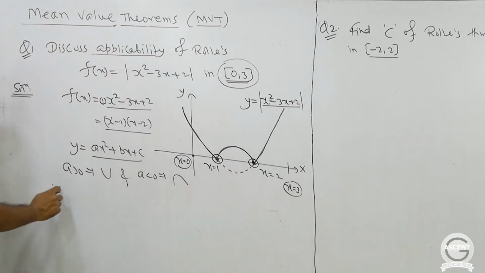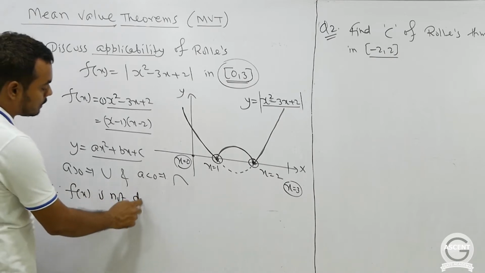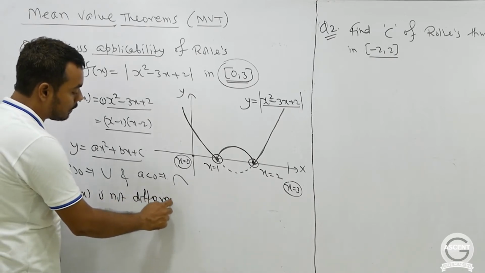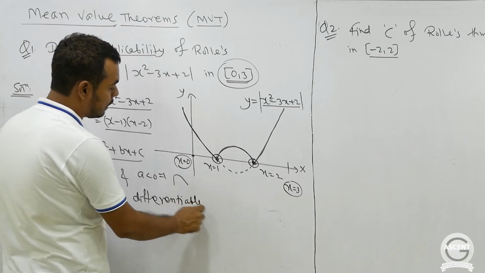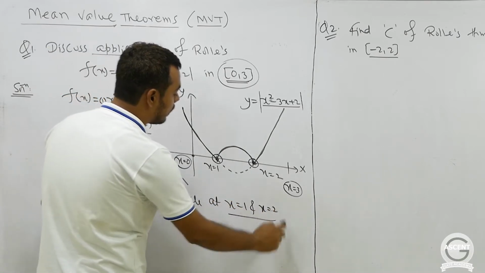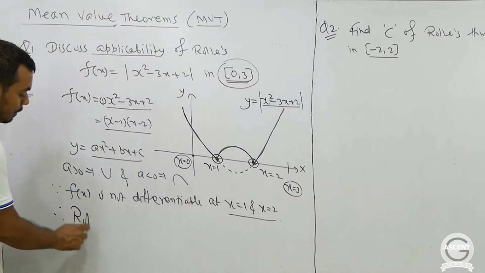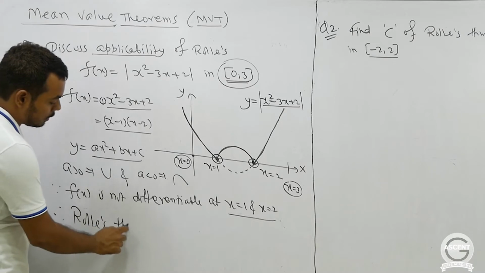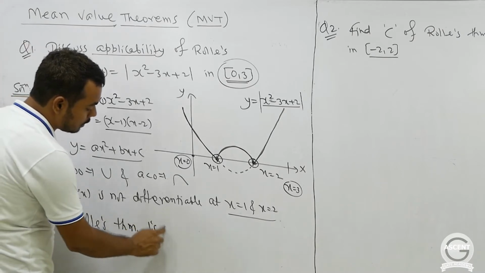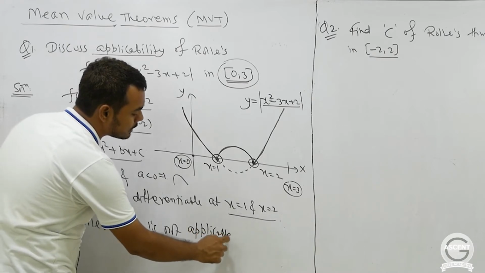Okay, so since f(x) is not differentiable at x equals 1 and x equals 2, therefore Rolle's theorem is not applicable here. Remember that the other two conditions are satisfied here.